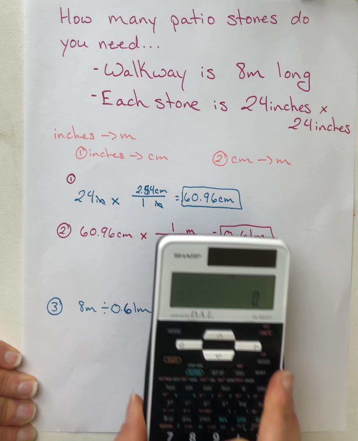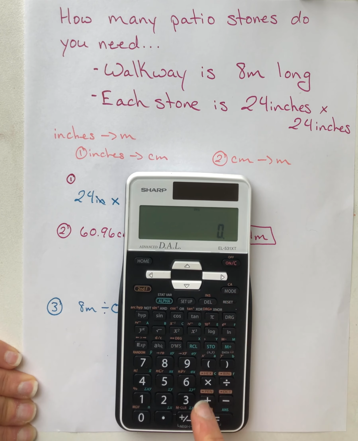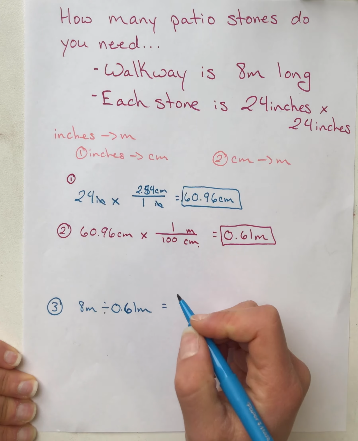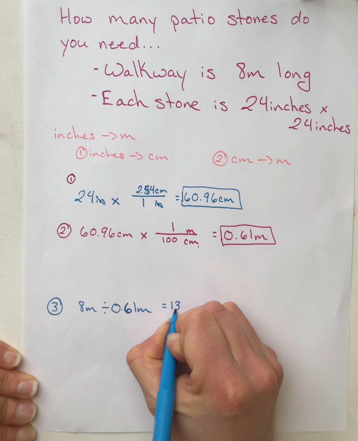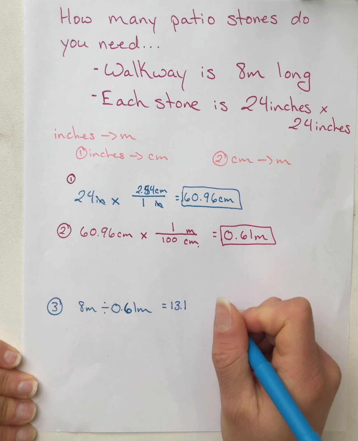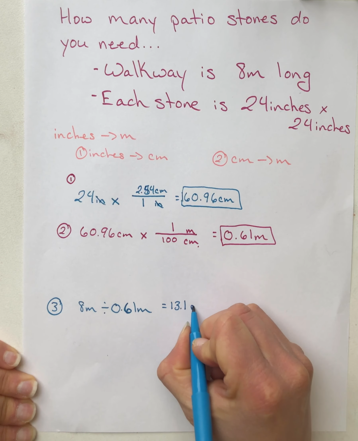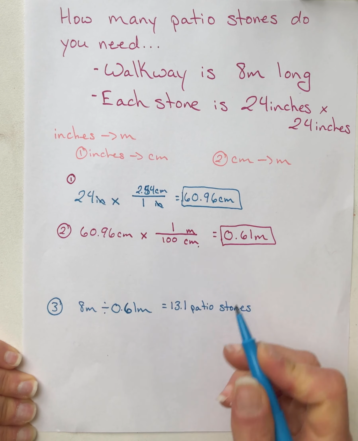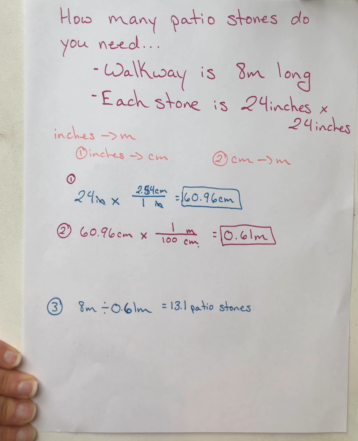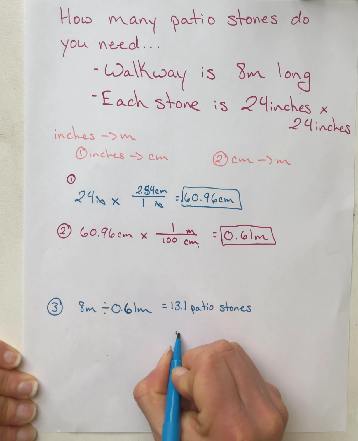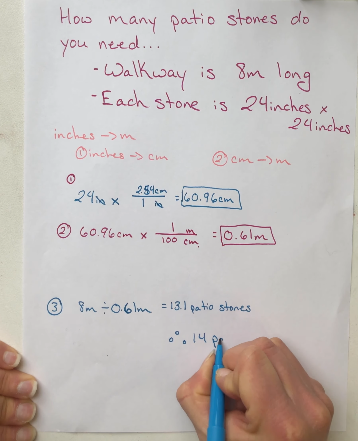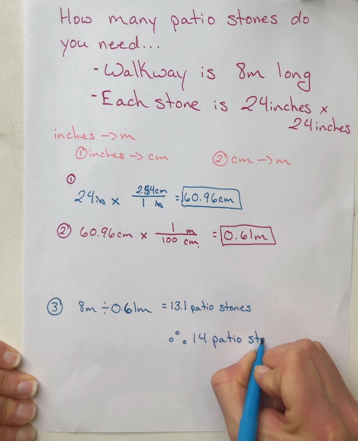So I'm going to divide 8 by 0.61, and I get 13.1 patio stones. Because you can't have 0.1 of a patio stone, you round up. So I would say you need 14 patio stones.